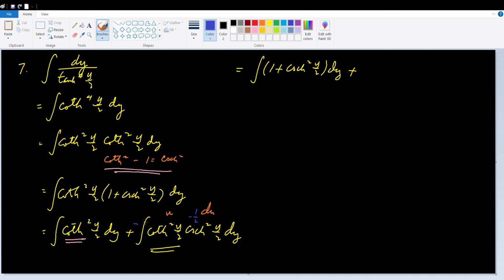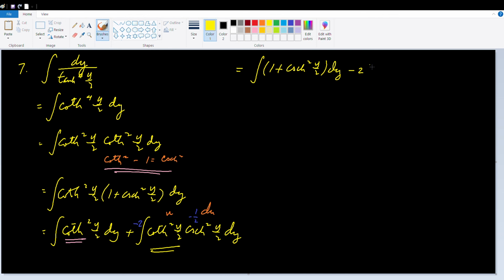We need negative cosecant squared for the derivative of hyperbolic cotangent, and we need 1/2. So we introduce 1/2 and multiply by its reciprocal, so it becomes negative 2. Power formula.